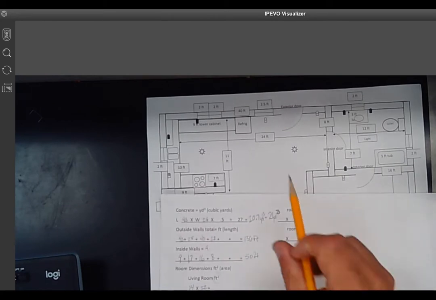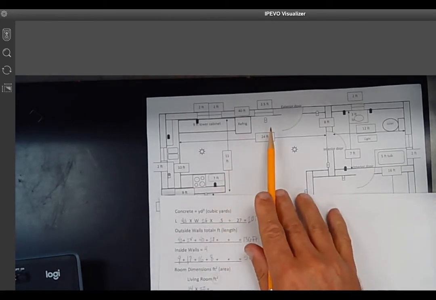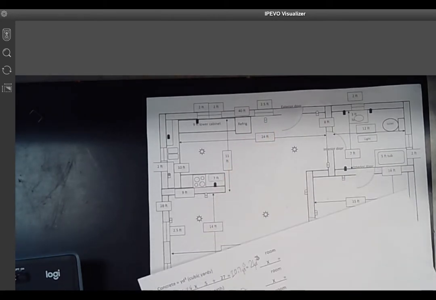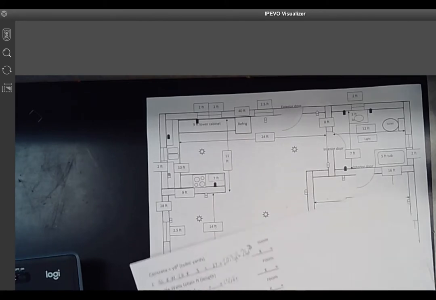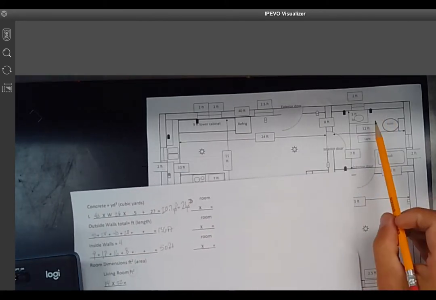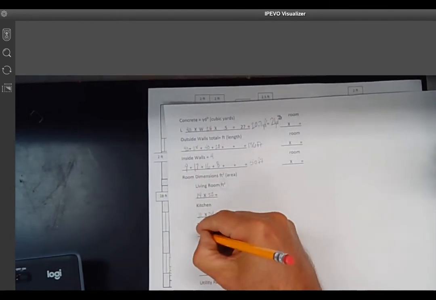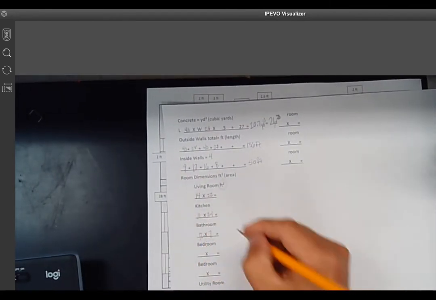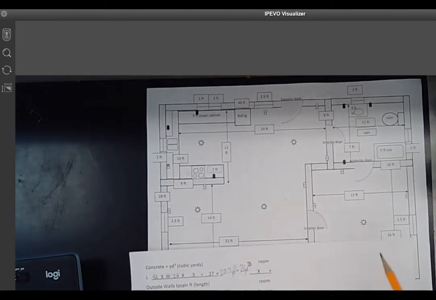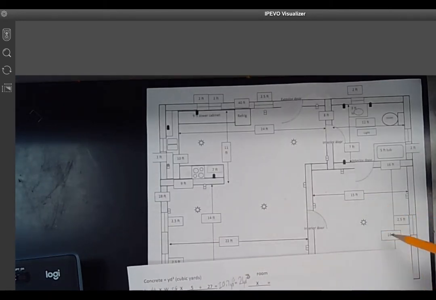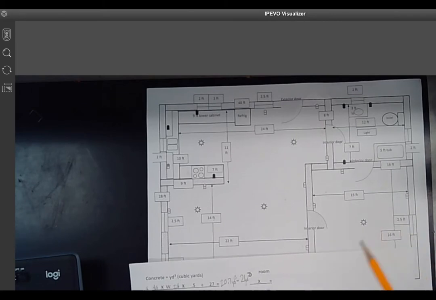The kitchen is 11 by 24. The bathroom is 12 times 7. These are all feet, so I end up with feet squared. And the last is 15 by 16.